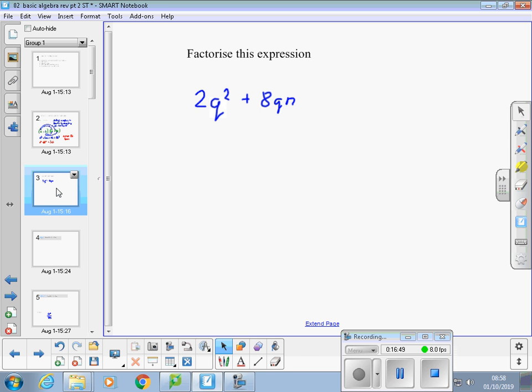So we can factorise 2, yeah, we can go 2 brackets 2 squared plus 4q. Yeah, now you can also take q out.